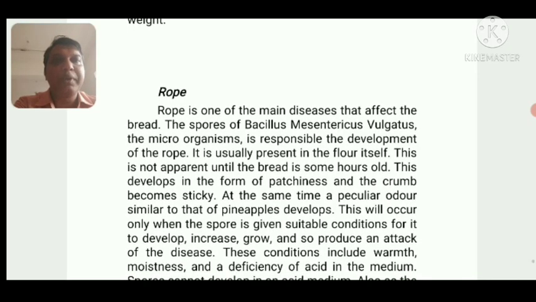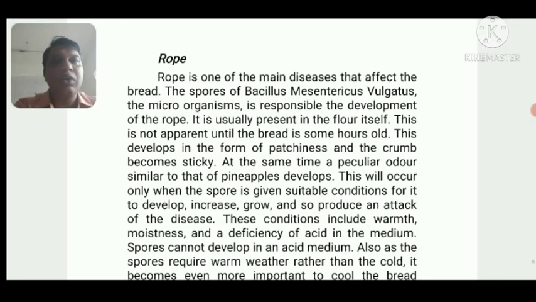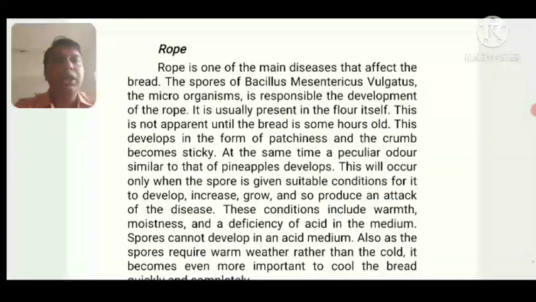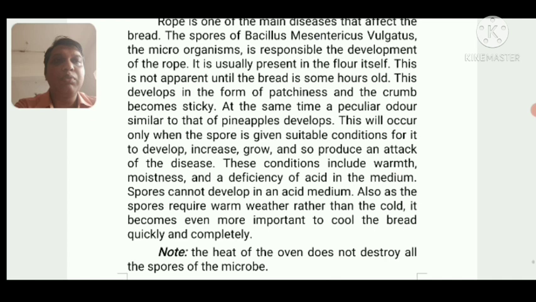Rope is one of the main diseases, or you can say one of the major faults that occur. It is a type of bacteria which is already present in the flour, but when the sugar content, the yeast content and the byproduct of the yeast mix with the rope, there is a chance they make more acidic conditions, and this becomes more problematic for the dough.